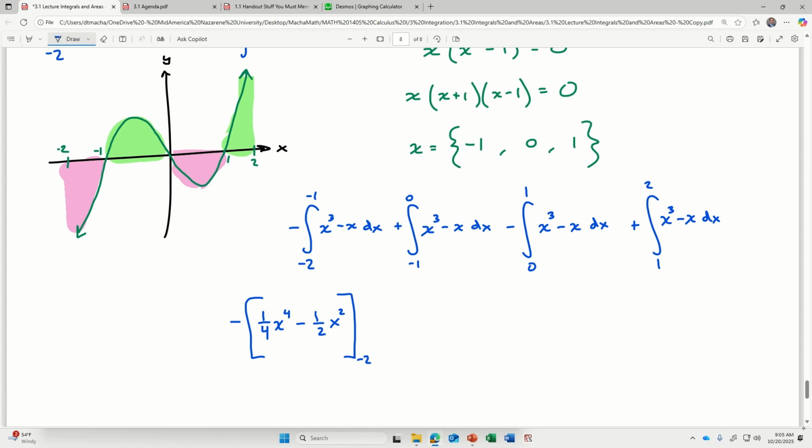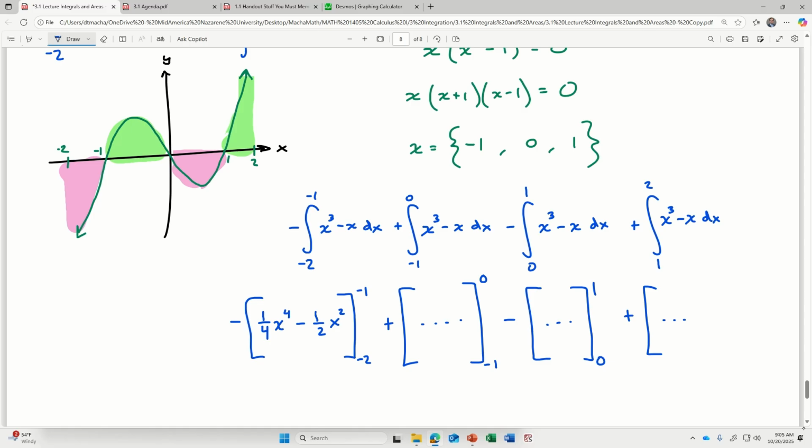Lower bound -2, upper bound -1. Plus the same thing with lower bound -1, upper bound 0, minus the same thing with lower bound 0, upper bound 1, plus the same thing with lower bound 1, upper bound 2.